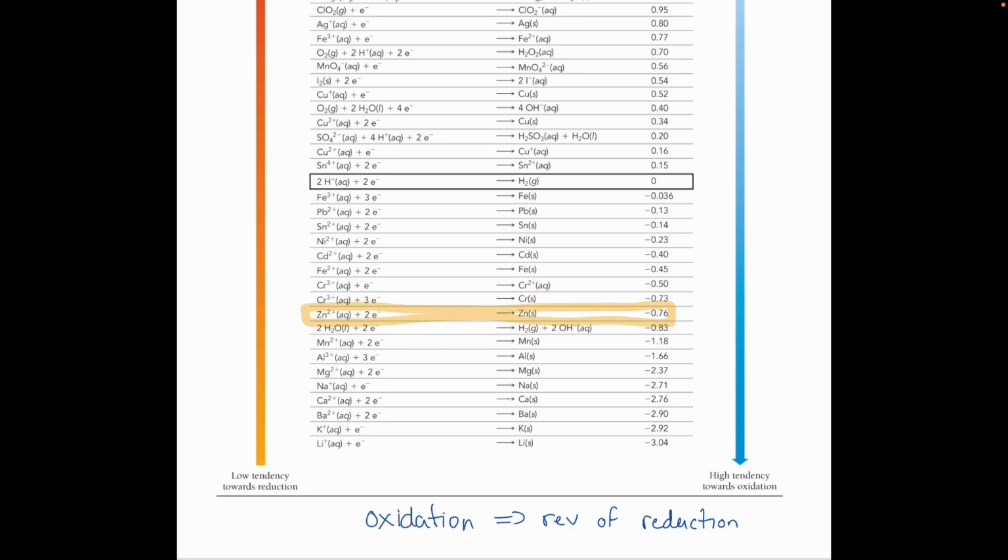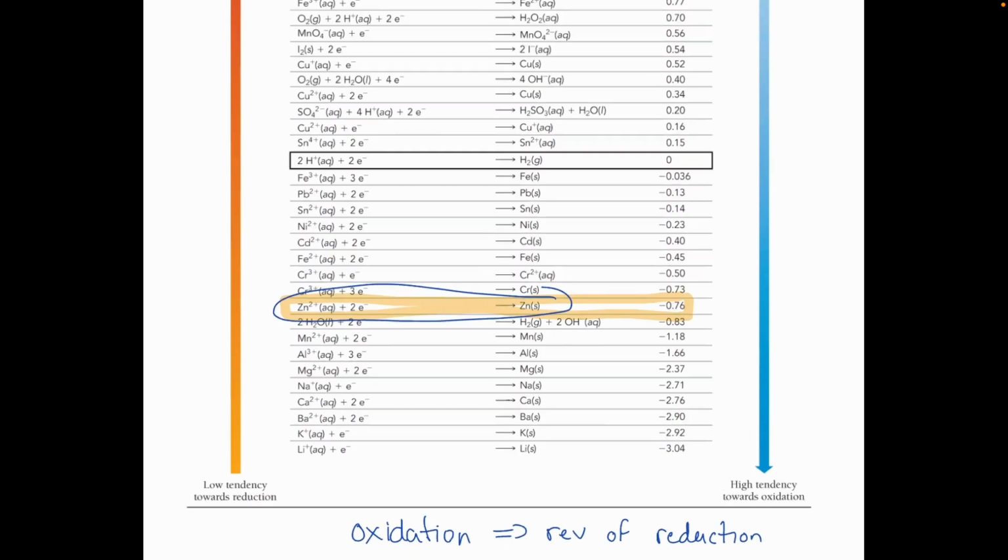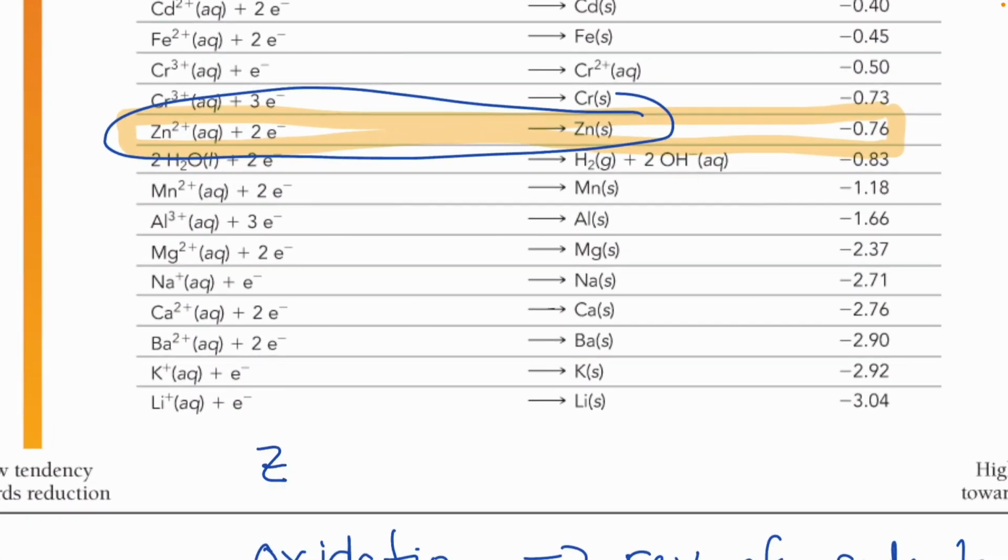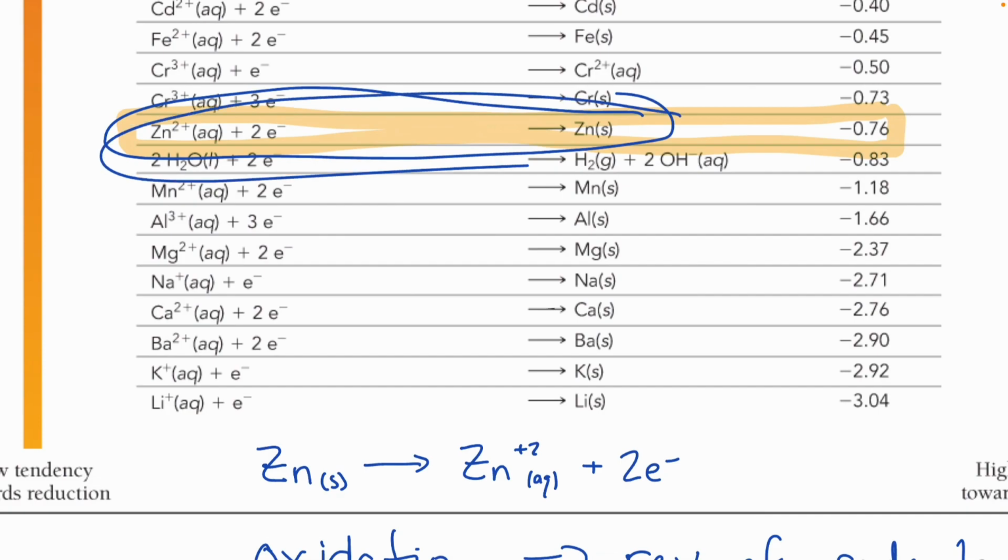So the oxidation reaction at our battery was the reverse of this reaction here. We had solid zinc becoming a zinc ion and losing 2 electrons in the process, right? Oxidation's losing electrons. So if we want our oxidation reactions, it's just the reverse of what's listed on our table here. Because again, our table only lists reduction reactions.